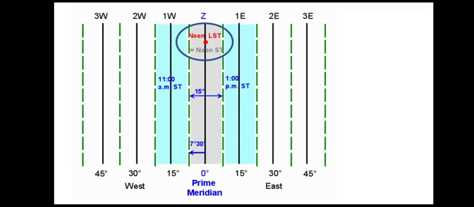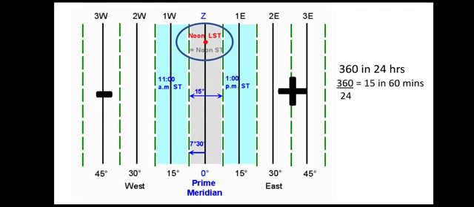As the earth rotates from west to east, those places east of Greenwich will be ahead of Greenwich time and those to the west will be behind it. The rate of difference can be calculated as follows. The earth rotates 360 degrees in about 24 hours, which means 15 degrees an hour, and 1 degree in 4 minutes.